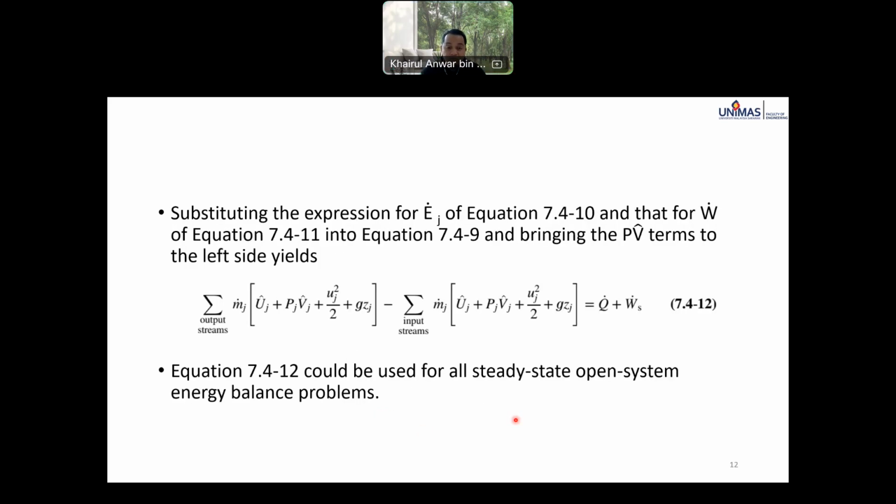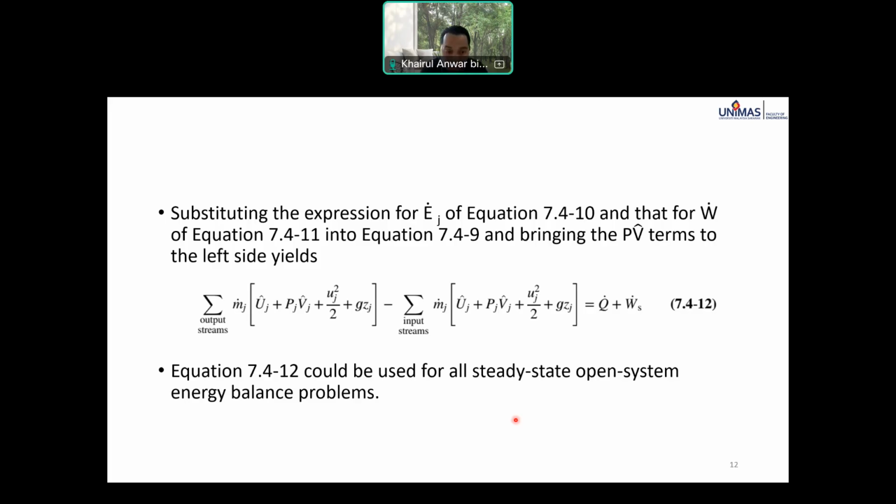Substituting the expression for E_j of equation 7.4-10, and that for W of equation 7.4-11, into equation 7.4-9, and bringing the PV term to the left side, then we get 7.4-12.